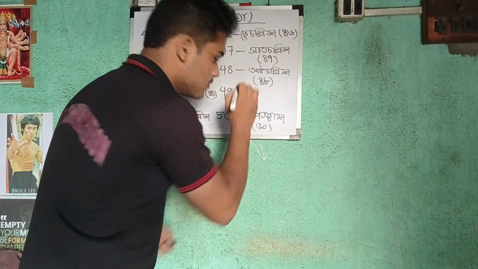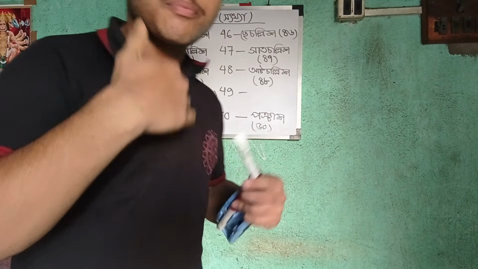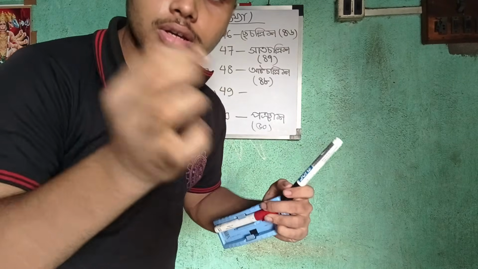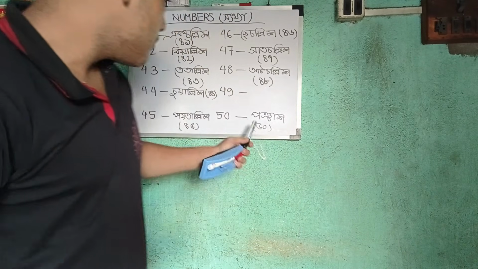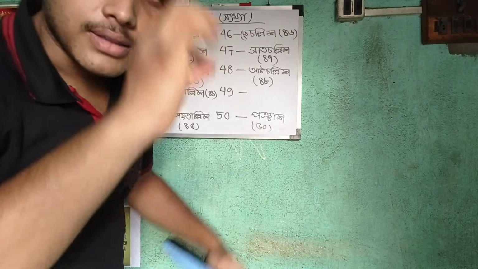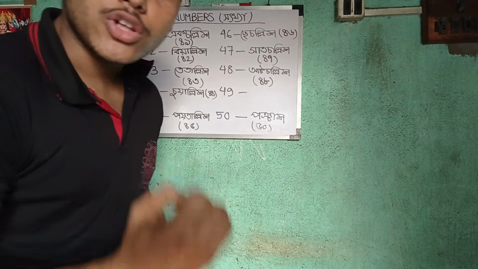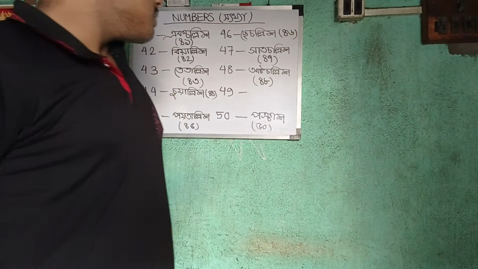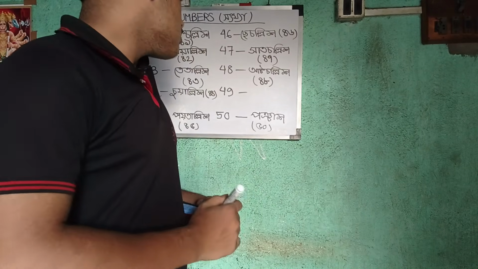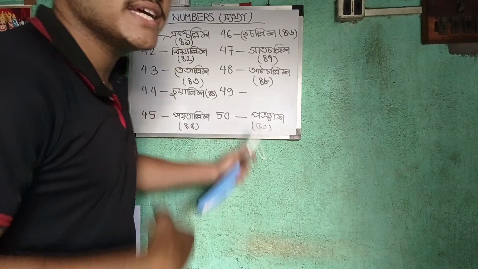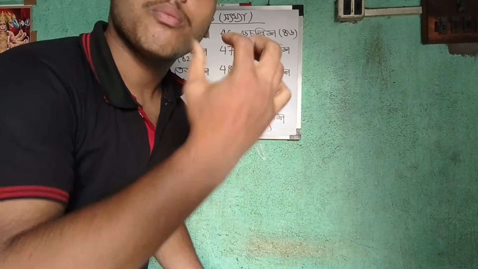So if 50 means ponchash, so 49 means ঊনপঞ্চাশ.